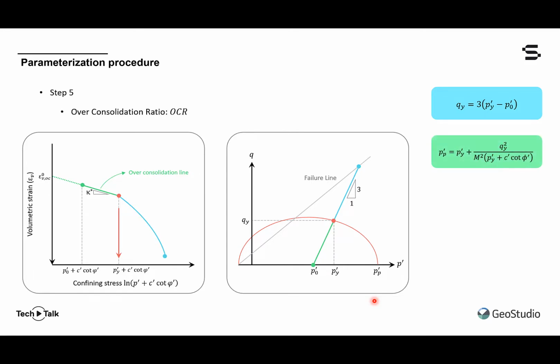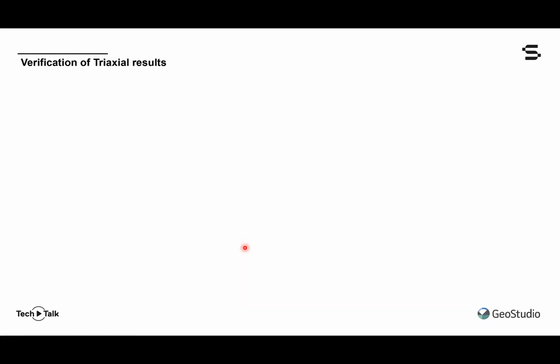In other words, we've taken the yield function shown previously and we've solved for the tip stress, p, for an ellipse that passes through the deviatoric and mean effective stress at yield. And so the isotropic pre-consolidation pressure is determined, and finally we get the OCR as that ratio of p sub p and p sub naught.